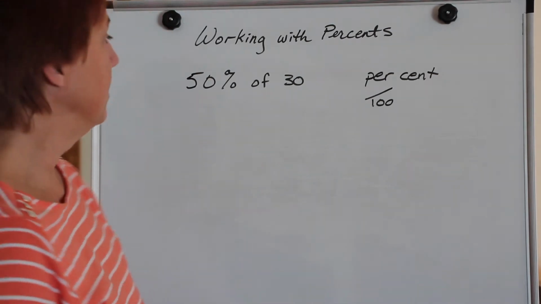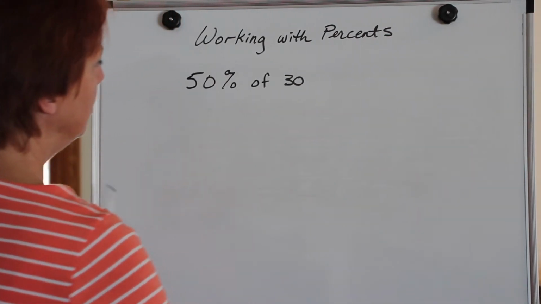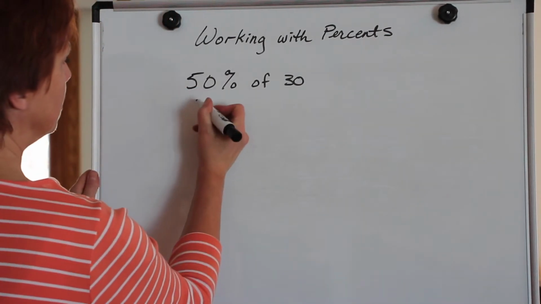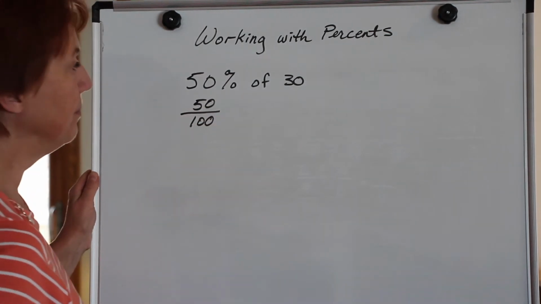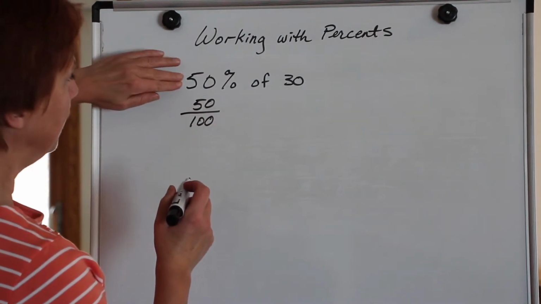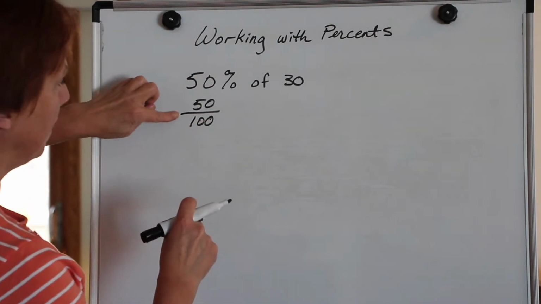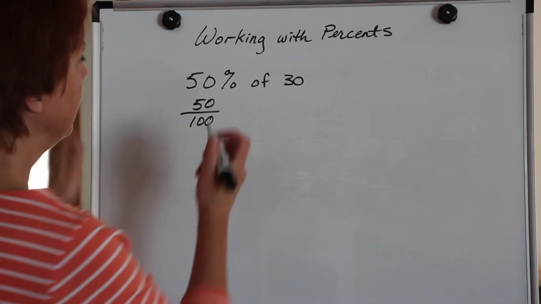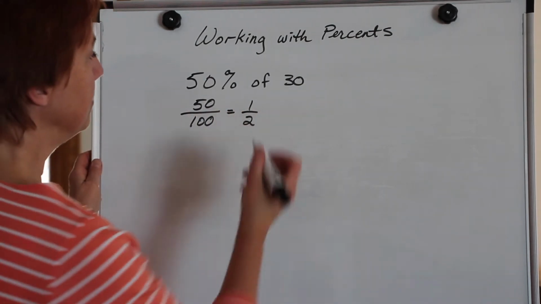That's what it means. So if you wanted to, you could change 50% to 50 over 100, because 50% literally means 50 over 100. Then you could say, okay, well that's 1/2 because it reduces.